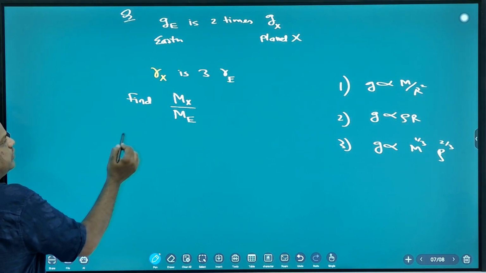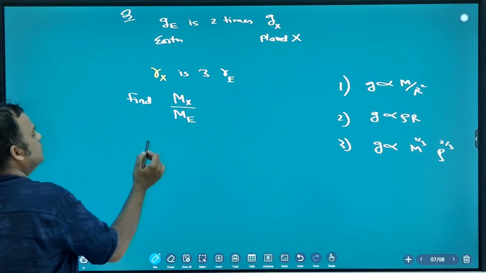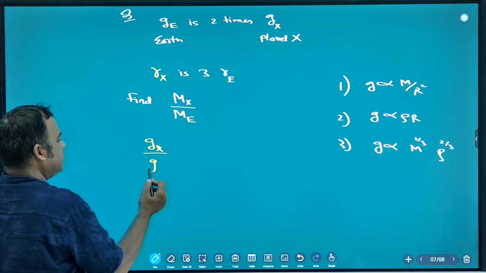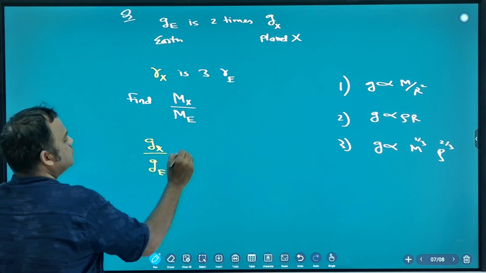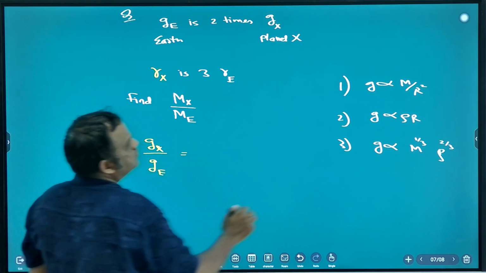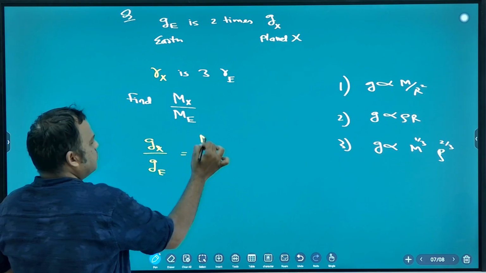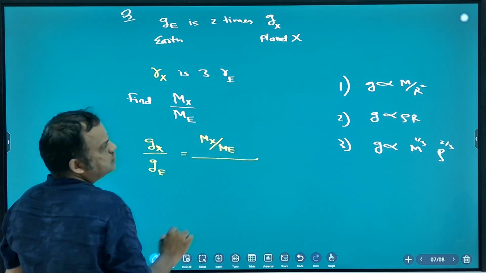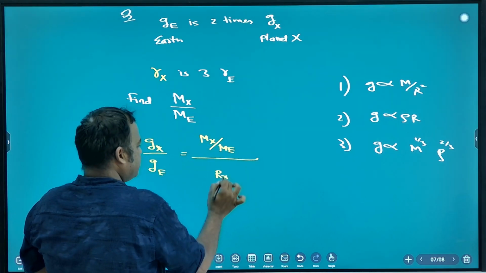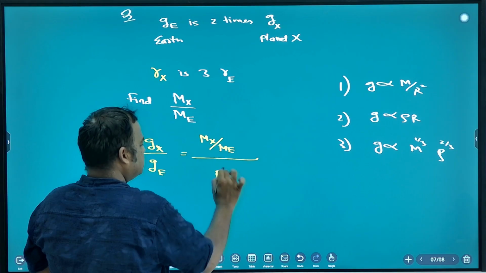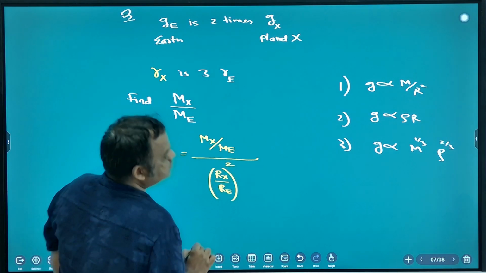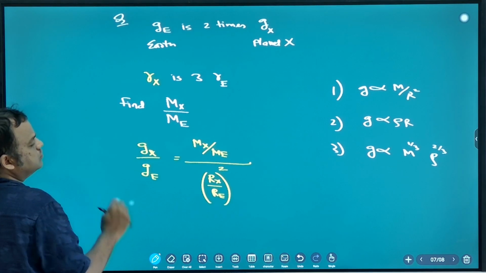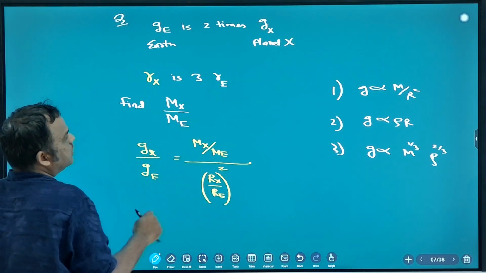So you can use this same method, you can use gravity of X by gravity of earth is equal to, use this, mass of X by mass of earth whole divided by radius of X by radius of earth whole square. You solve like this.